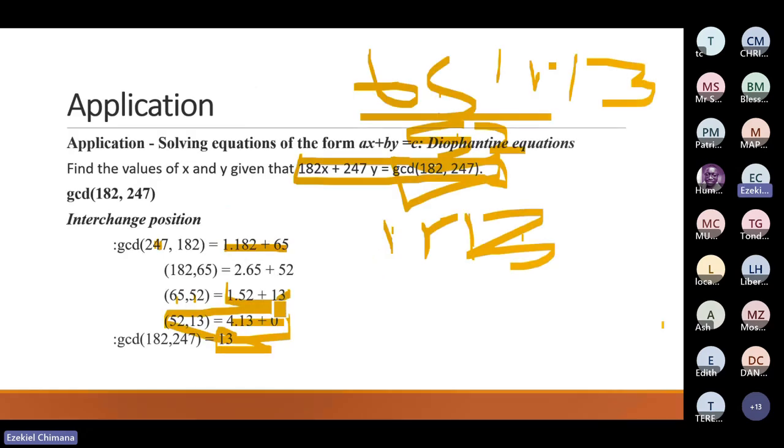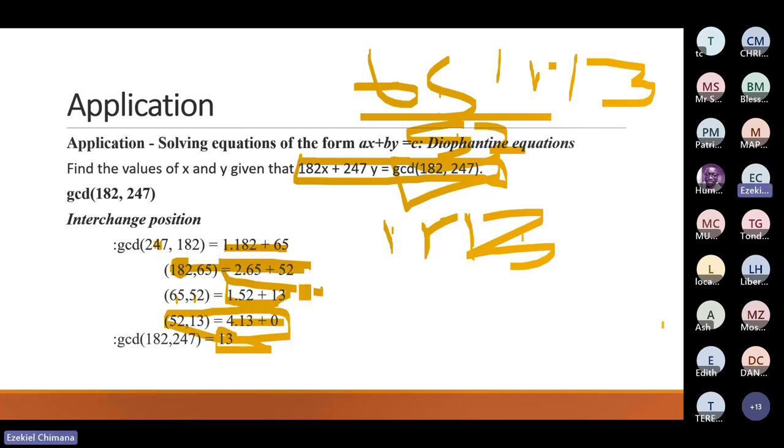Then next, you just go to the next step. You express this number in terms of this thing, which means you just say the remainder is equal to 182 minus 2 times 65. But do not multiply these numbers, just write them as they are.